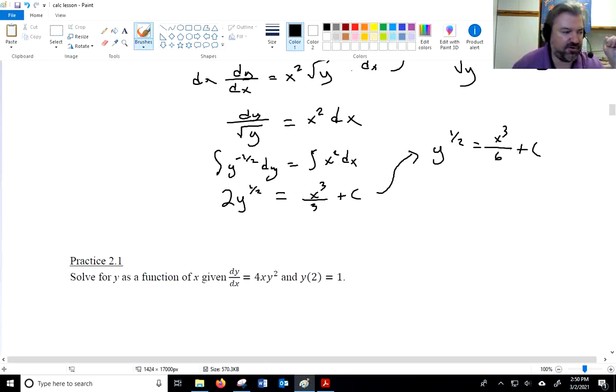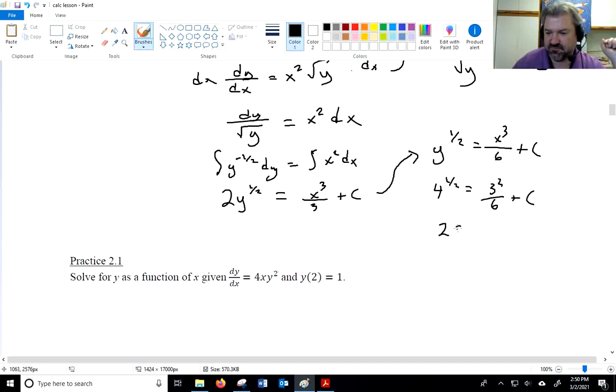Now we were told, though, that, let me scroll up right quick and find out, I believe it was that y of 3 is equal to 4. So I'll put a 4 right here, and 3 here. y to the 1/2 is the square root.